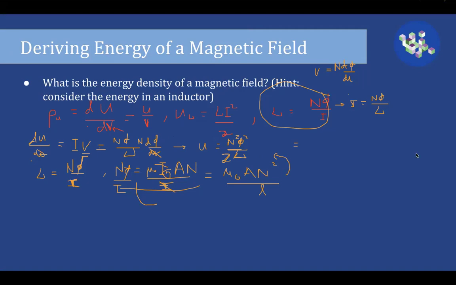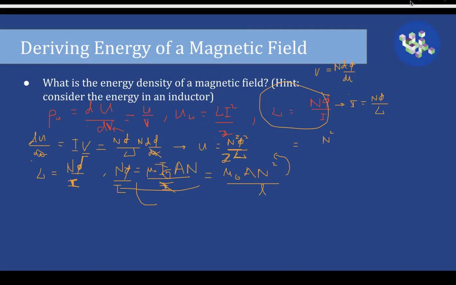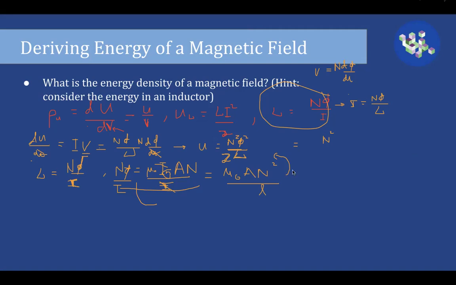So I'll get n squared times my phi squared, which will be mu zero times, hmm, n squared mu zero squared I squared, n squared A squared, right?